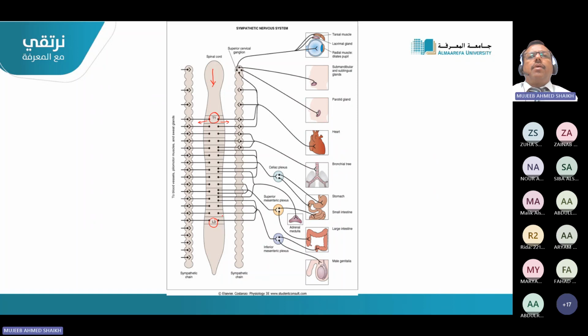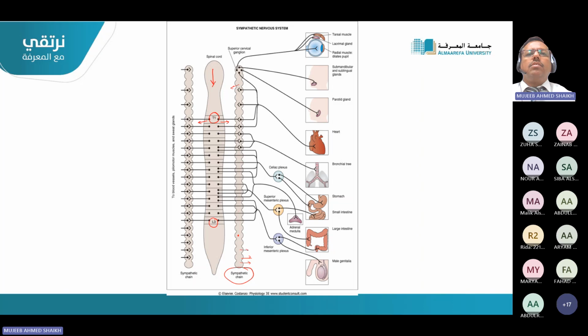They end in a ganglion chain, which we call the sympathetic chain. Just parallel to the spinal cord there is a chain of ganglions called the sympathetic chain. Here it is, the name is written here.